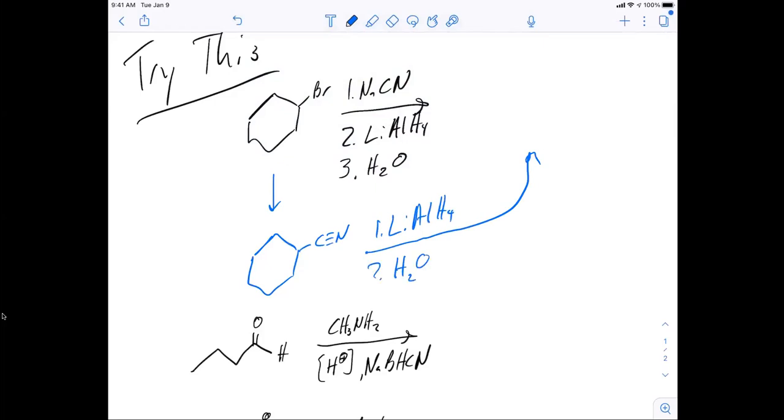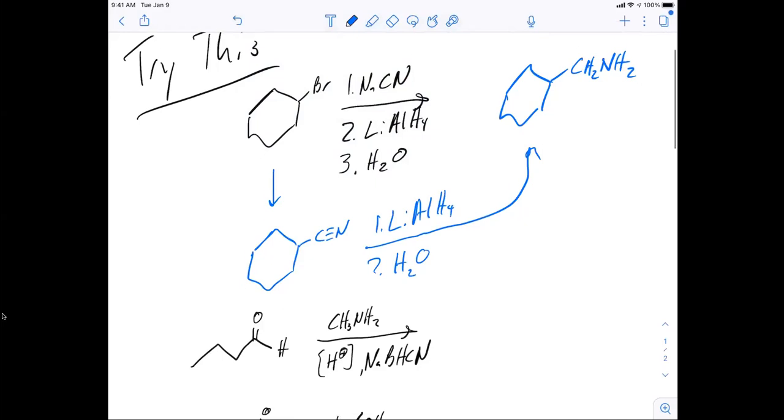That's going to do a reduction of the nitrile, okay, to add a carbon and the NH2, right? So the result here is to add one carbon and then the NH2. So we do make the primary amine, but with the carbon.